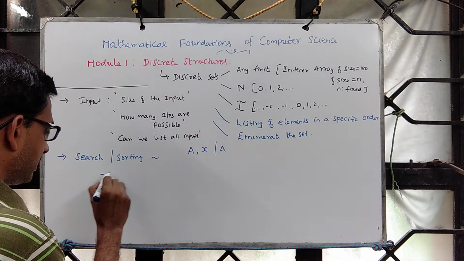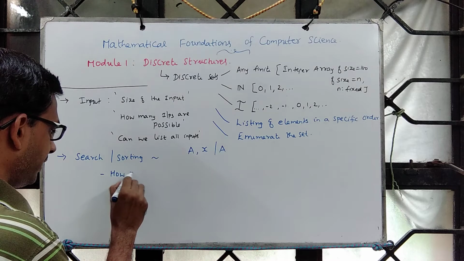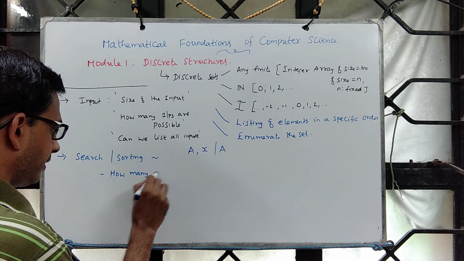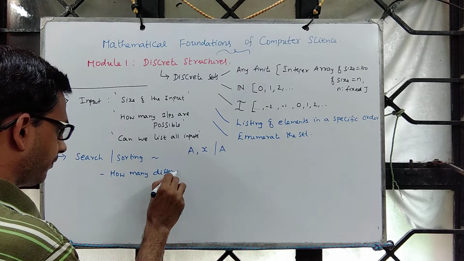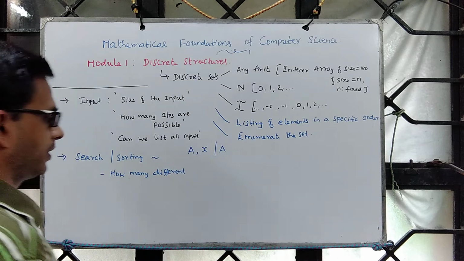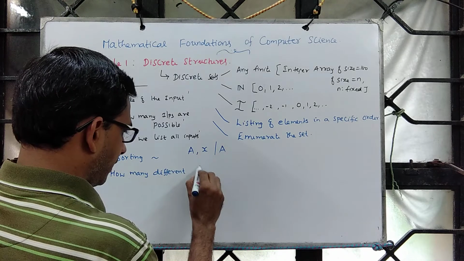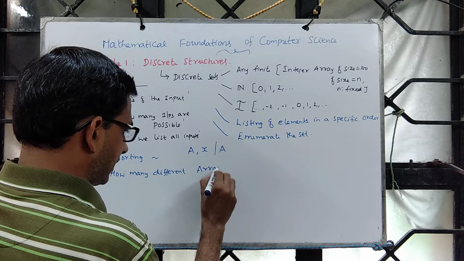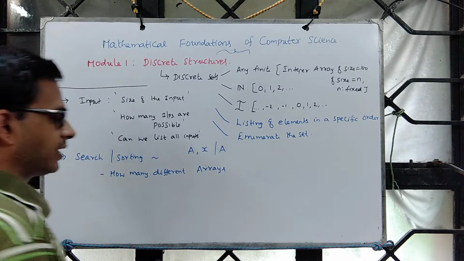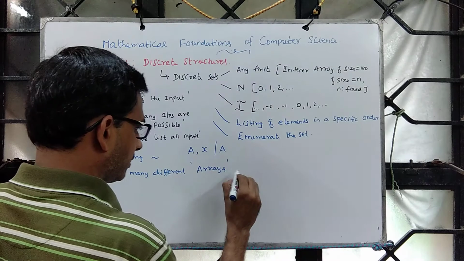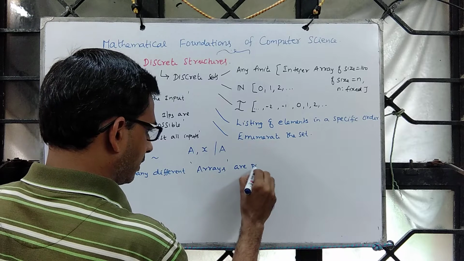Now the question is, how many different arrays are possible?